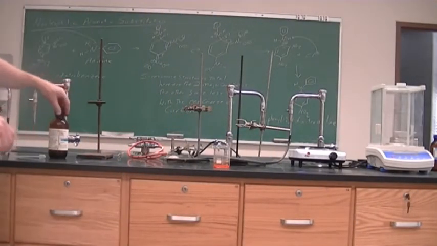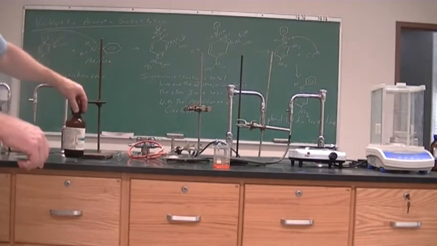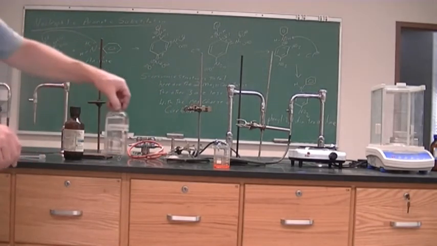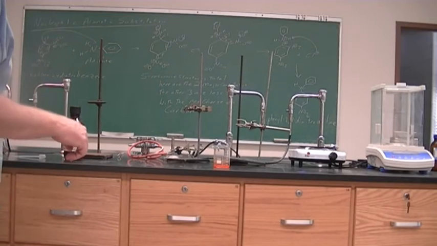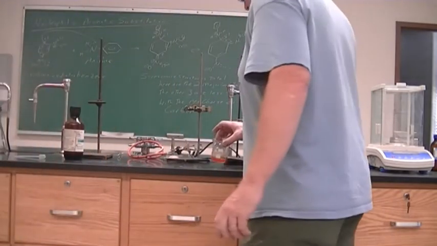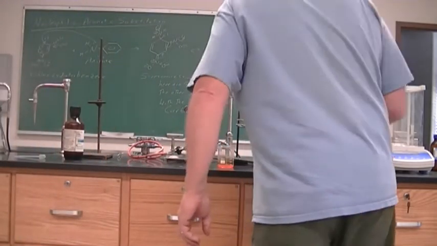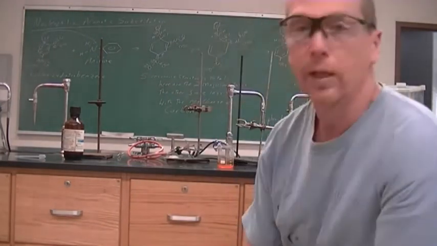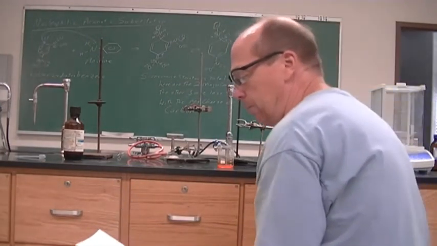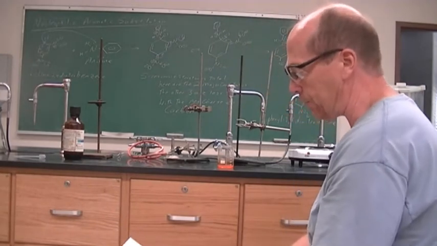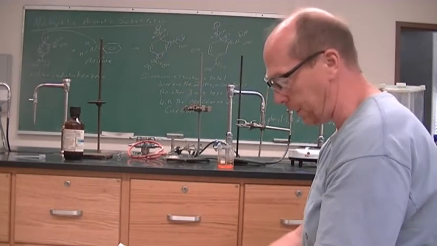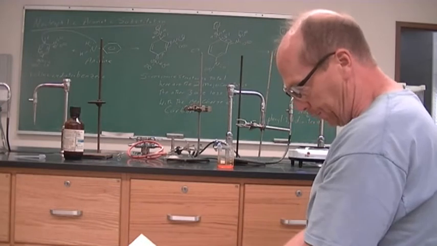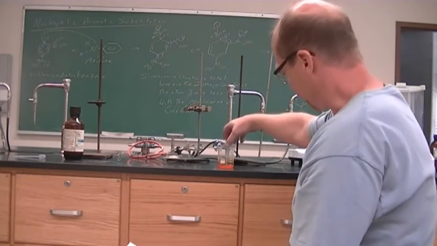Then we added our aniline, which is a liquid in this bottle. And then we added our solvent, which is our ethanol. The directions are here. I put 7.5 mL of 95% ethanol, 0.5 grams of the 1-chloro-2,4-dinitrobenzene, and 0.5 mL of aniline in a beaker.